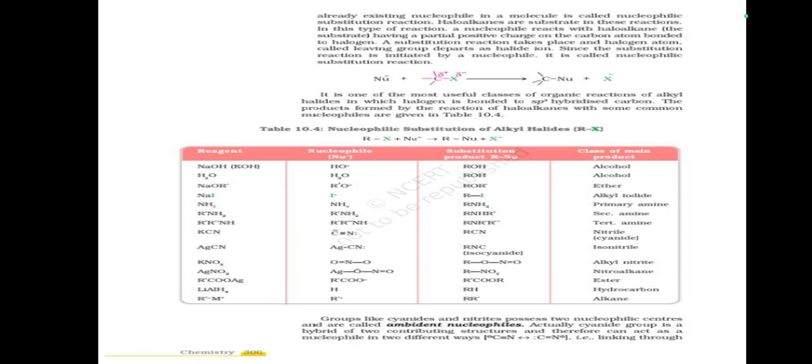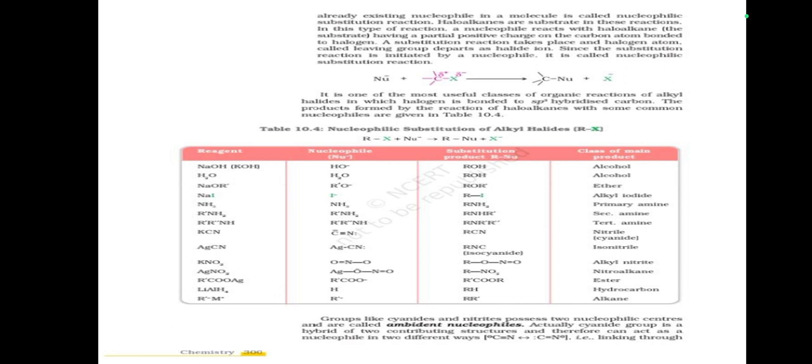Since the substitution reaction is initiated by the nucleophile, it is called a nucleophilic substitution reaction. It is one of the most useful classes of organic reactions of alkyl halides in which halogen is bonded to sp3 hybridized carbon. The products formed by the reaction of haloalkanes with some common nucleophiles are given in table 10.4.